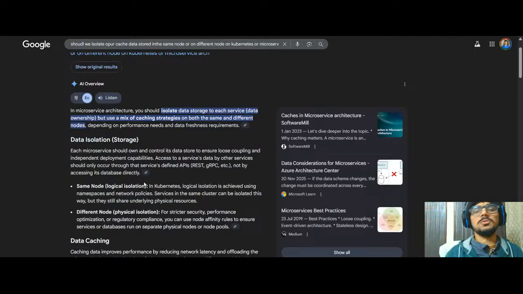You might have to revert the change that was pushed to your environment, open up the other branch, and retrieve it back to the earlier stage. Isolate data storage to each service, but a mix of caching strategies on both the same and different nodes, right?